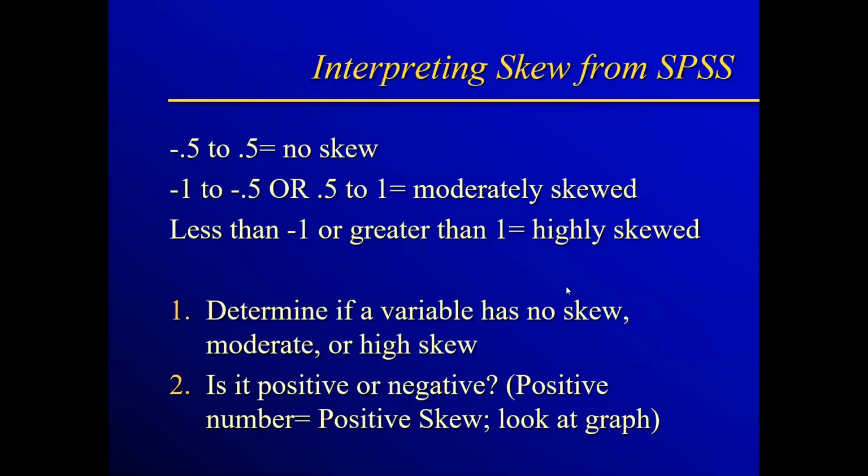All right, so this slide is going to be really informative. Make sure that you know it's here whenever you have to actually interpret skew for your homework assignment and coincidentally for your paper. Whenever you get skew from SPSS or any statistical software package, it just outputs a number.